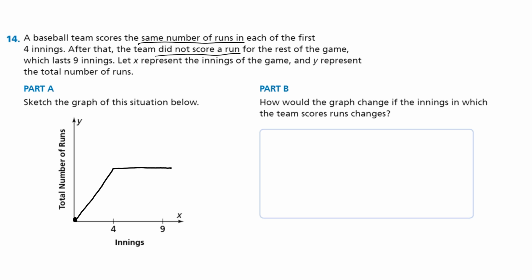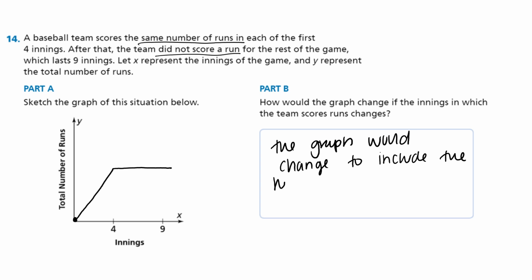For part B, how would the graph change if the innings in which the team scores runs changes? The graph would change to include the runs scored in more innings.